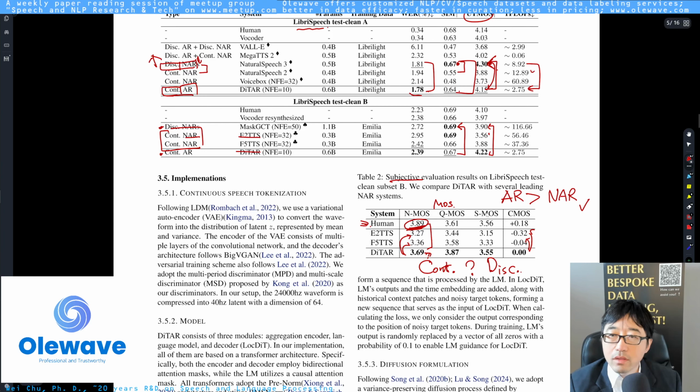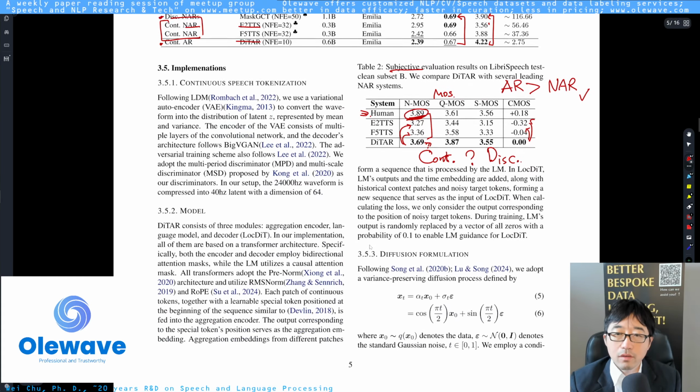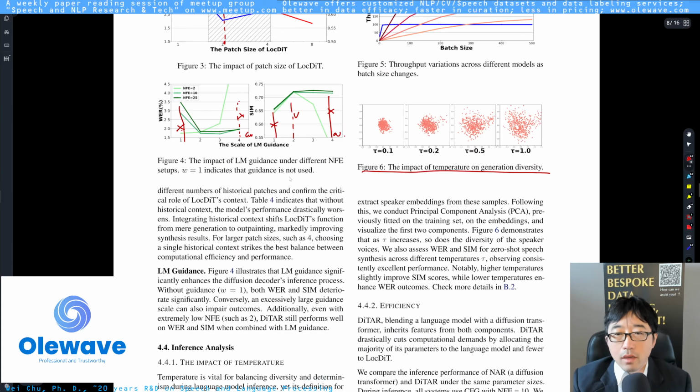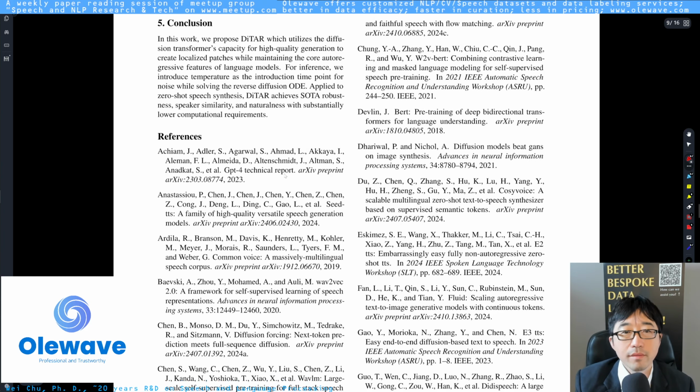You see this, and this. But if you're using a cascaded system, it's fast or even faster than their work. But the quality is not very good. So they would recommend you to stay away from cascaded system, but stick with continuous speech token and adopt their autoregressive plus diffusion model framework. Okay, I think that's about it.